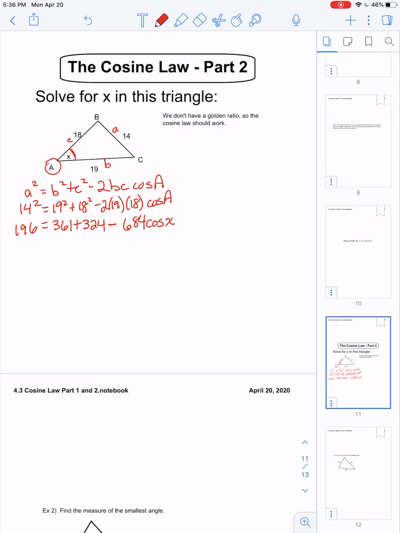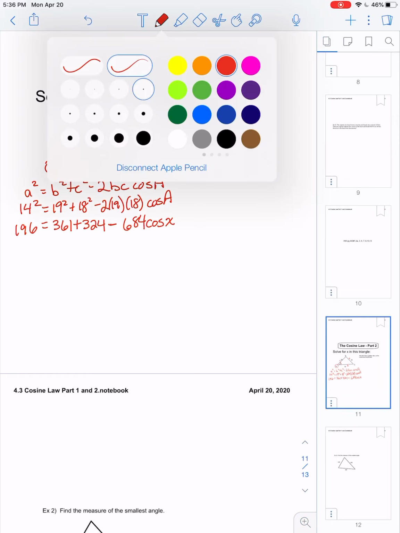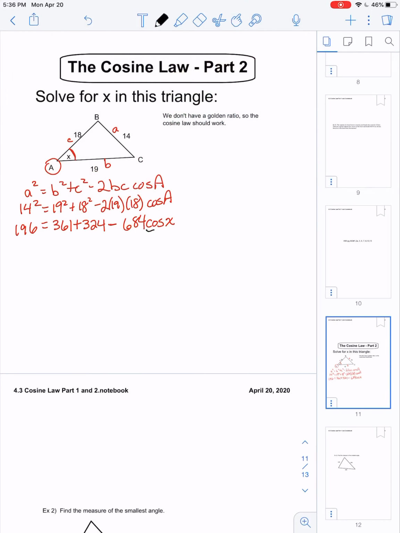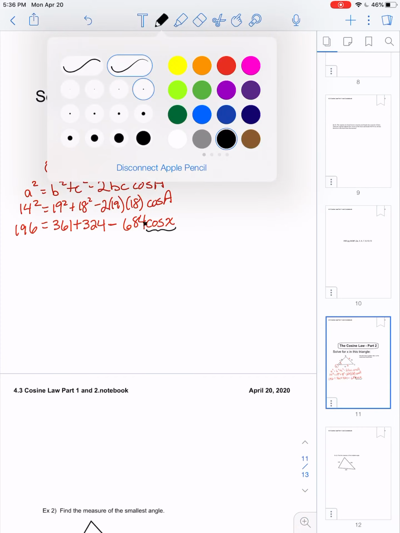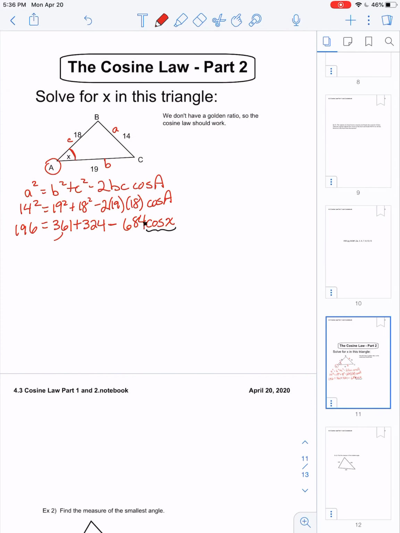Now, our unknown is X, and the X is attached to the cos. So it's like we want to isolate the cos of X, but this is multiplication in between the 684 and the cos of X. So the only way to get rid of the 684 from the cos of X is through division. So first we're going to move the 361 and the 324 over to the other side.